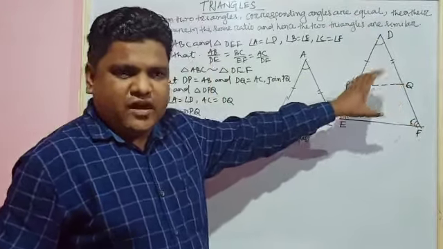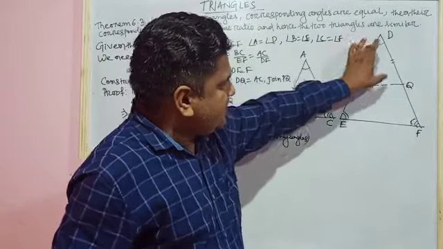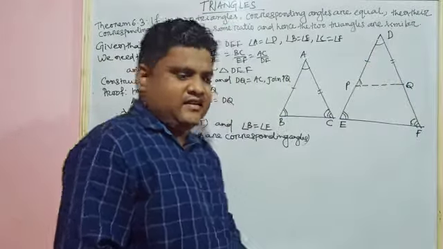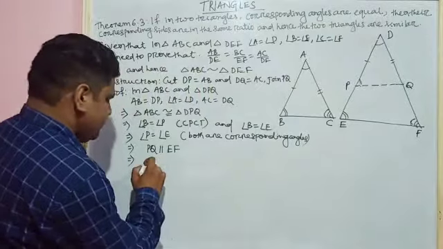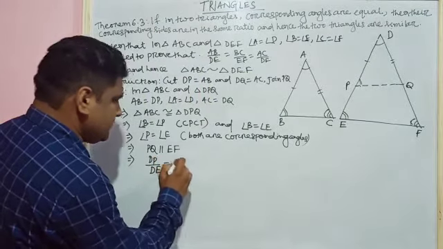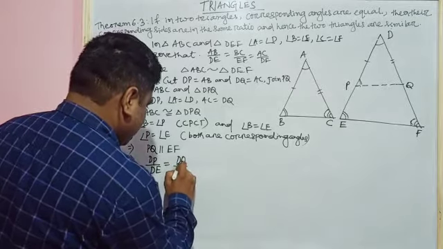By adding one to both sides, we can get DP by DE is equal to DQ by DF. So let's write this directly: DP by DE is equal to DQ by DF.